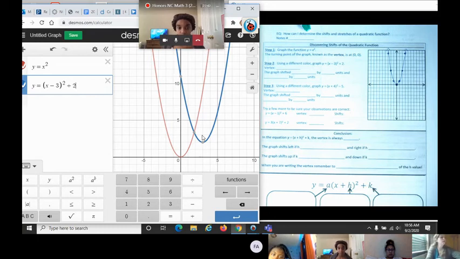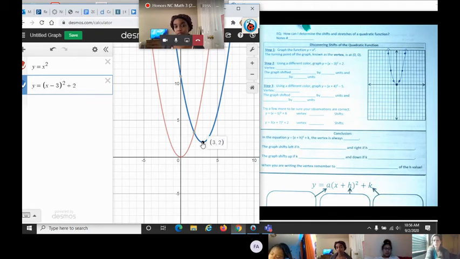I'm going to grab a different colored pen so that I can also graph it. Okay, and so it gives you a few points on here. You can just graph the points that are given on Desmos. So you can click on them and they'll be there.